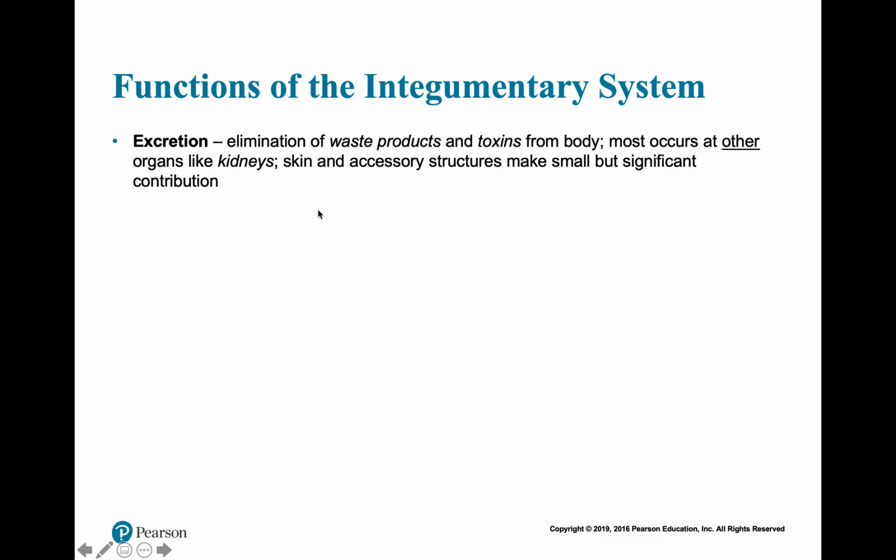It contributes in excretion of waste products as well, and that would be through the sweat. All right, so our sweat glands can also release unwanted toxins or waste products. So the integumentary system does play a role in excretion or elimination of wastes, although the kidneys are the major contributor to excretion and elimination of wastes.